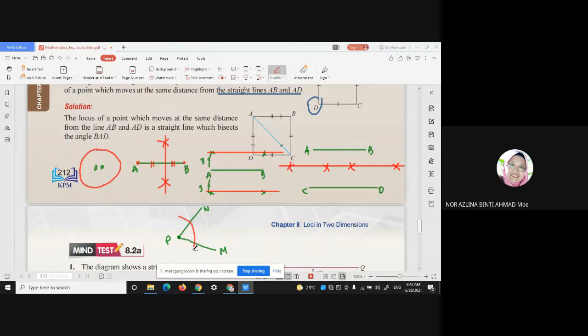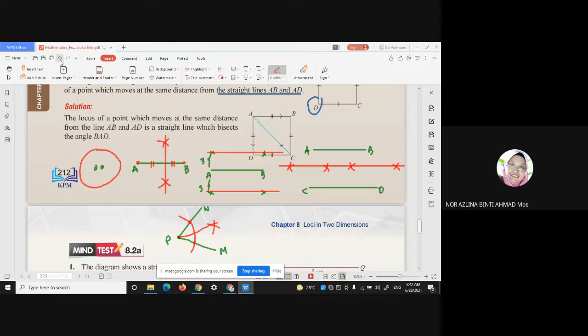So this is point P. What is the locus between lines PN and PM? So this is the intersection point.